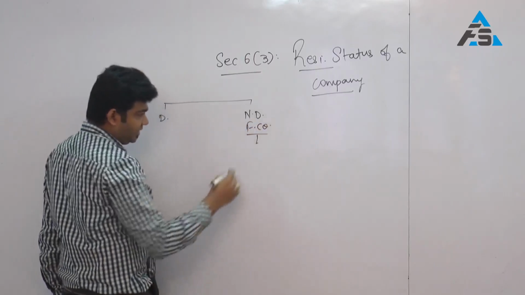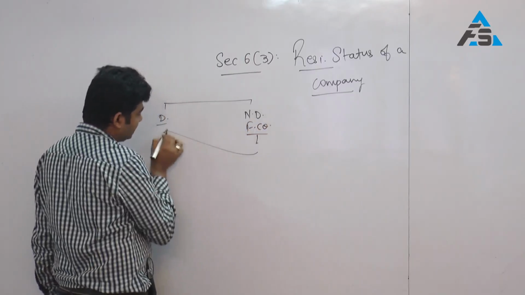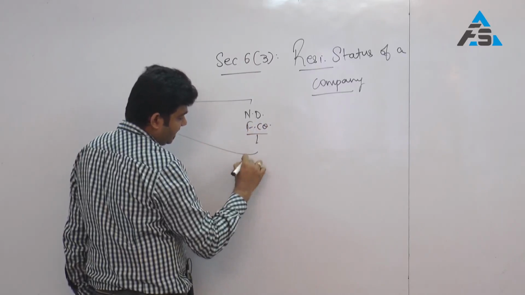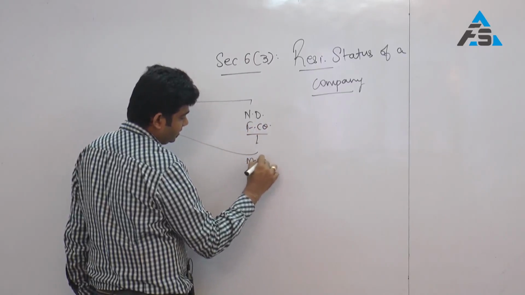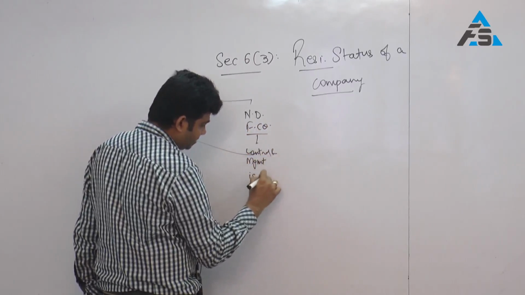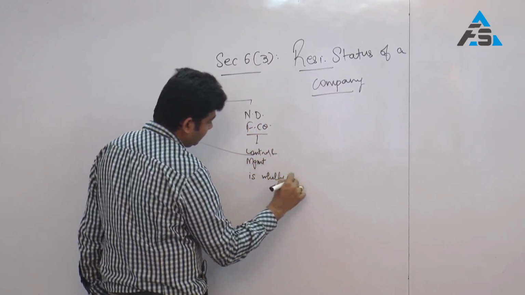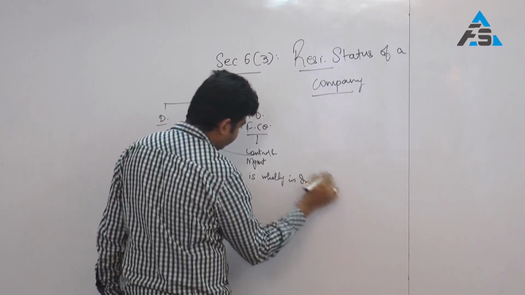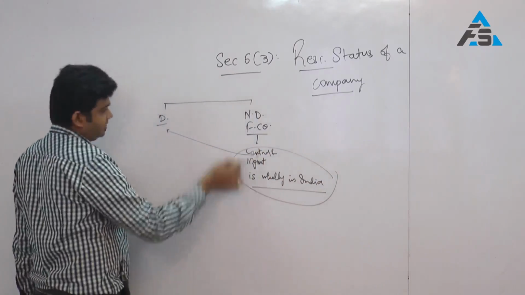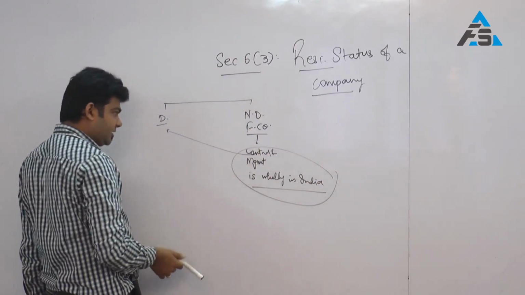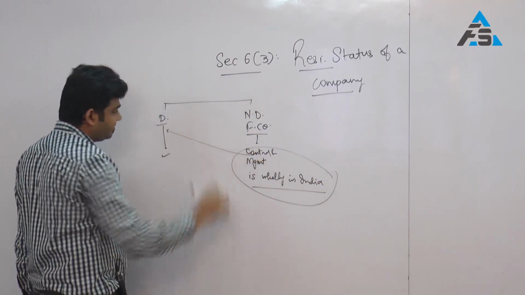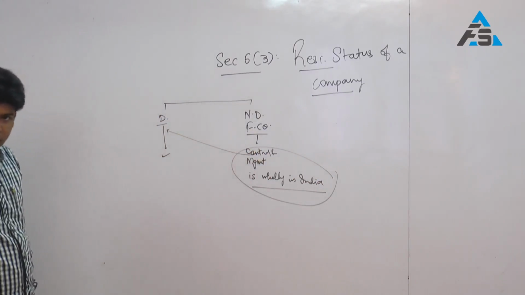This foreign company will be considered as a domestic company only if its control and management is wholly in India. If this is the scenario, then this foreign company, non-domestic company, will be considered as a domestic company, and accordingly it will be charged to taxation.